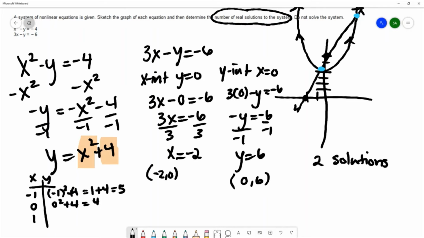And 1 squared plus 4 is 5. So this gives me 3 ordered pairs that I'll plot in order to draw that quadratic or parabola graph. I already have 2 points to draw the line, so I'll be able to draw this curve now.